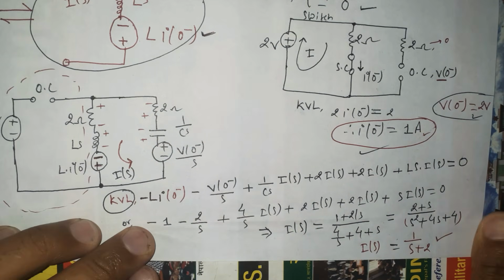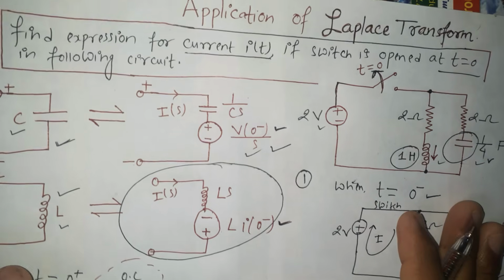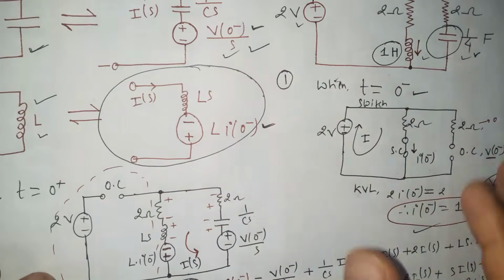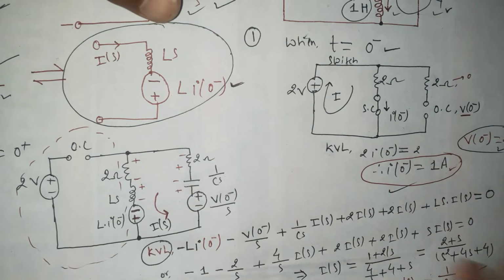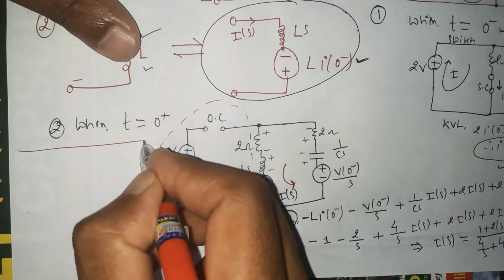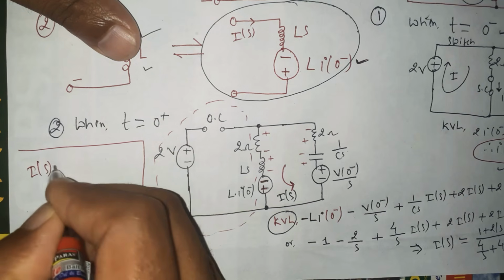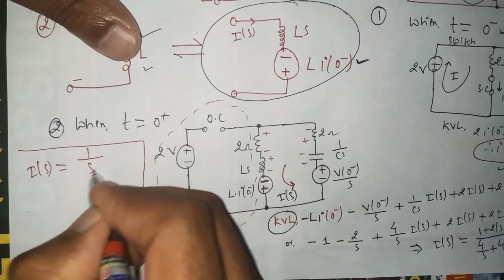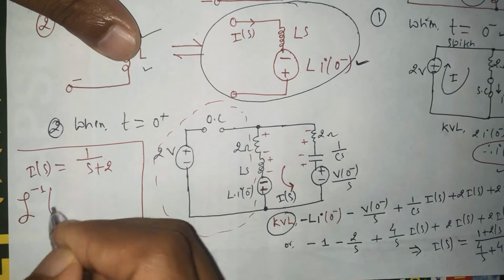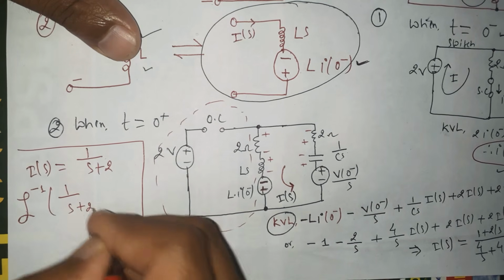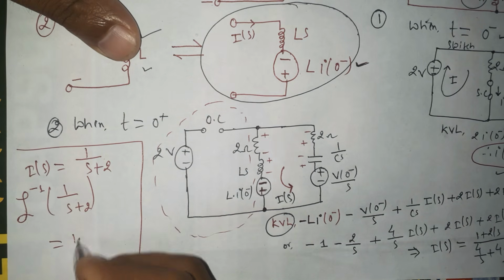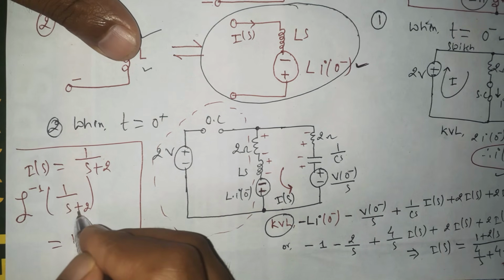It is in the s domain, and by the question we need it in the time domain, so we have to use the inverse Laplace transform. I of s is just 1 over s plus 2. The inverse Laplace transform of this is 1 times e to the power minus 2t, since it is s plus 2.